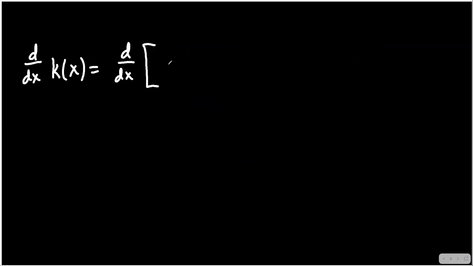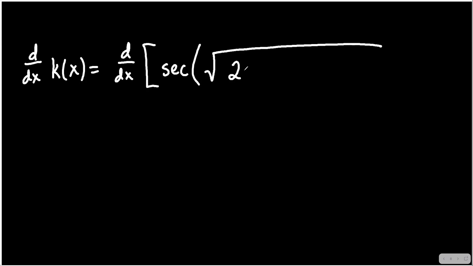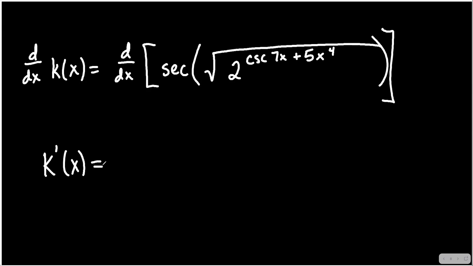So when I go back to the original problem and take the derivative of that original function, secant of the square root of 2 raised to cosecant 7x plus 5x to the fourth, and we put all these layers together, we come out with the first derivative, and we're going to rearrange it a little bit.